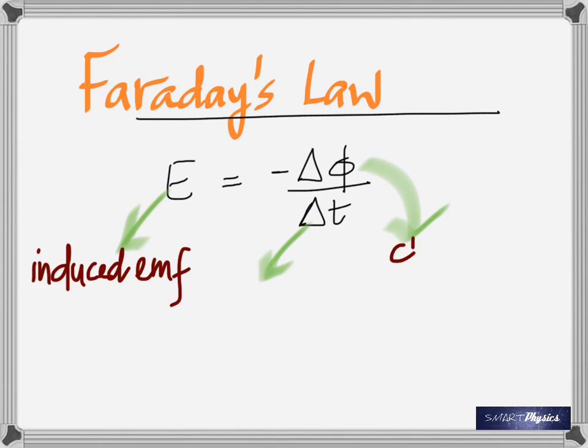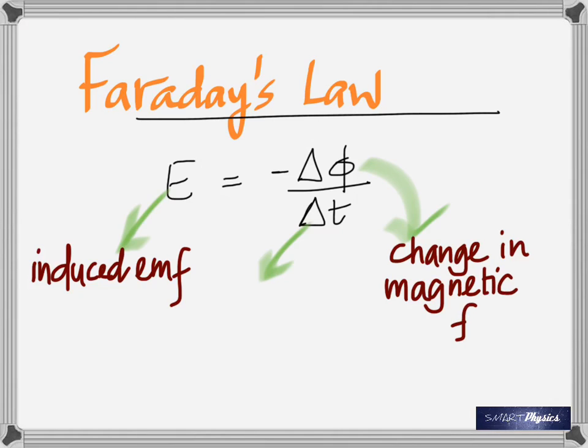So the induced EMF increases with the rate of change of magnetic flux. That means if the flux changes faster, you get a greater induced voltage. And the negative sign shows that the induced voltage is always against the change.